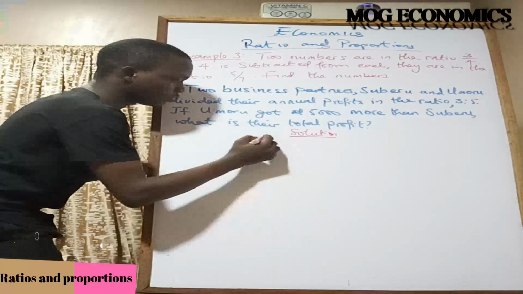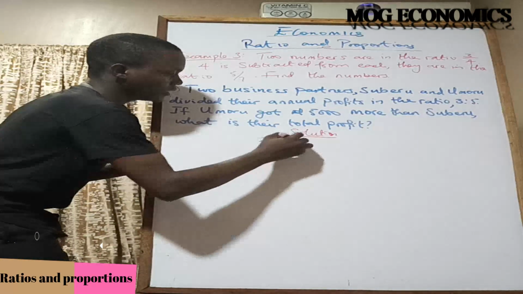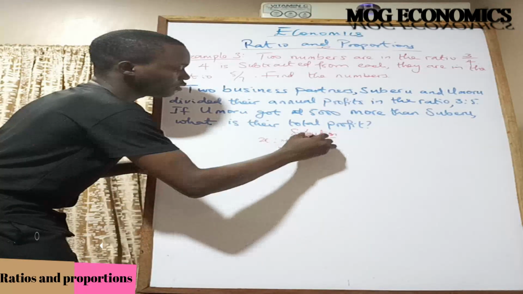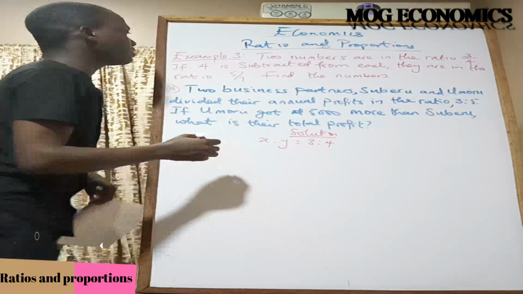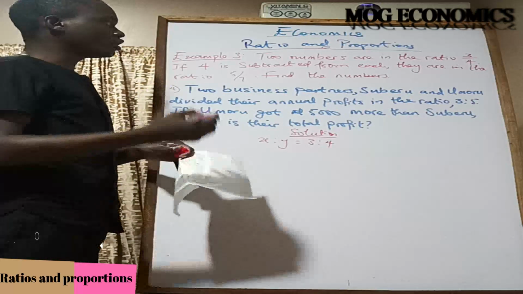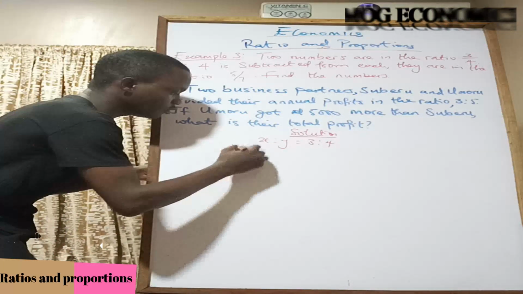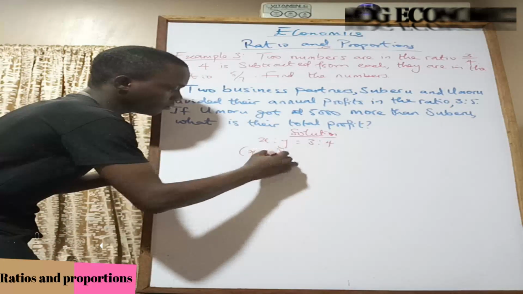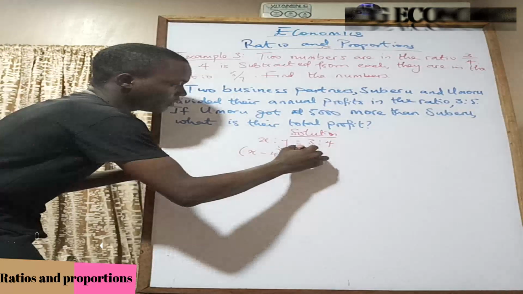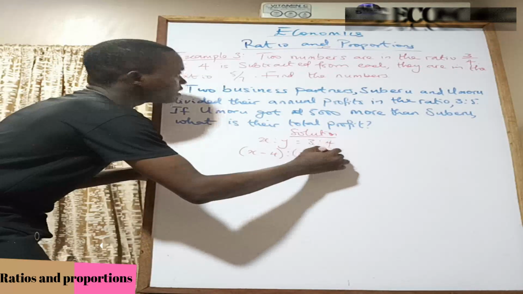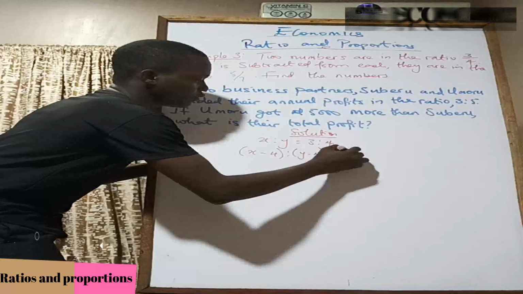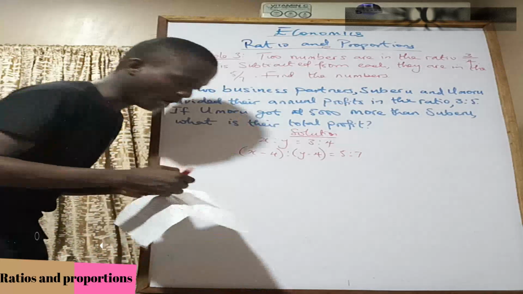That means the two numbers are x ratio y, in the ratio 3 ratio 4. If you remove 4 from each of them, then the ratio becomes 5 ratio 7. That simply means x minus 4 ratio y minus 4 changes to 5 ratio 7. So what then is x and y?